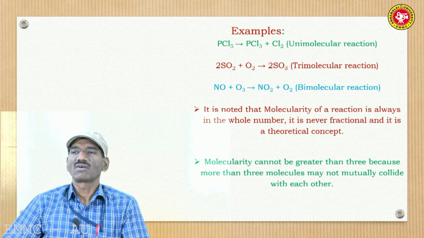This is a bimolecular reaction, where we are considering 1 mole of NO and 1 mole of O3. In the middle one, the trimolecular reaction, we considered 2 moles of sulfur dioxide and 1 mole of oxygen. In the initial one, we considered only 1 mole of PCl5. So the first reaction has 1 molecule, the second has 3 molecules, and the third has 2 molecules, respectively.